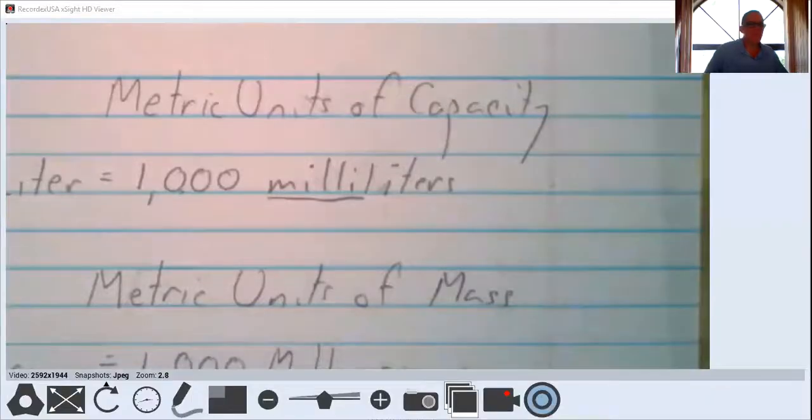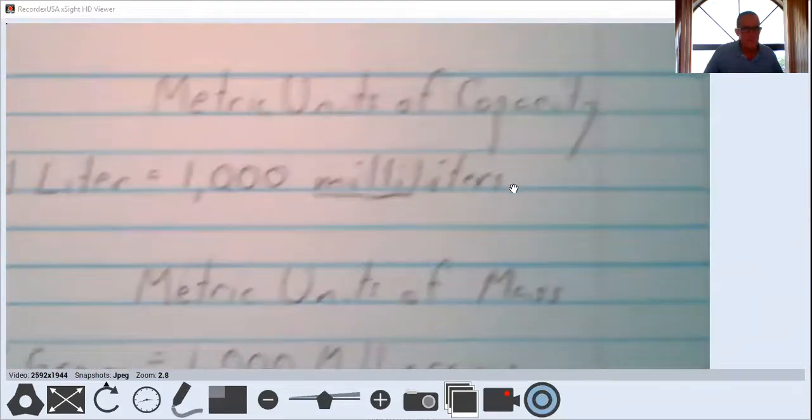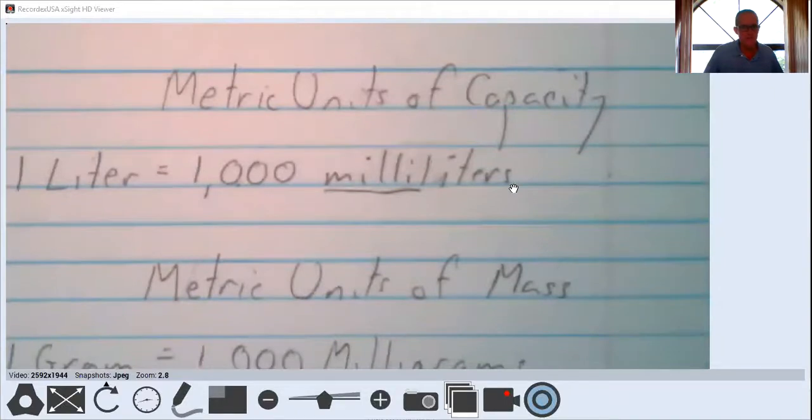That would really burn my mouth. Like I said, metric units of capacity: 1 liter equals 1,000 milliliters. It would take 1,000 sips of that hot coffee for me to finish something like this right here. That's about right, too. Okay.